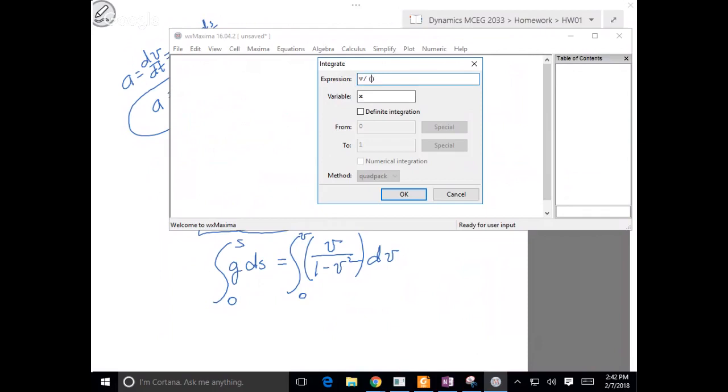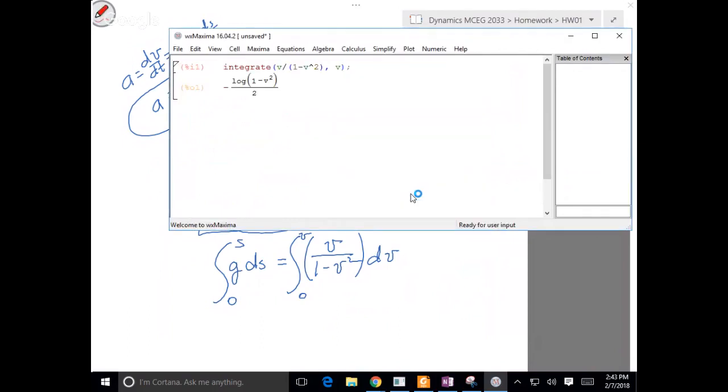V divided by 1 minus V squared. I have too many brackets. My variable is V. I don't want to do a definite integral quite yet. Ooh, log. I bet that's natural log too.